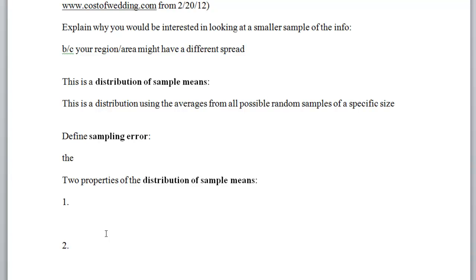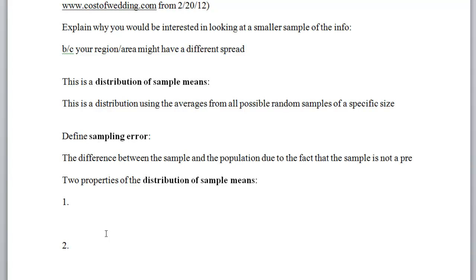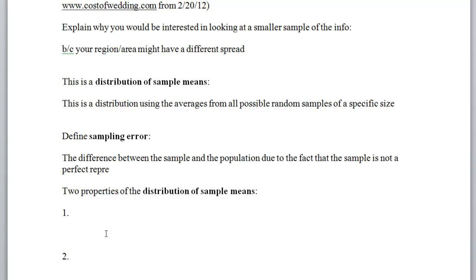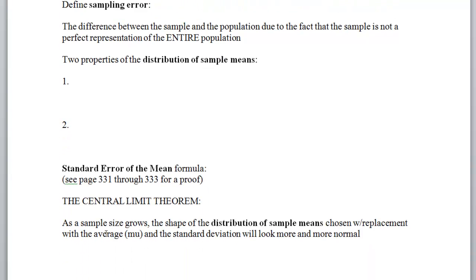So the sampling error is the difference between the sample and the population due to the fact that the sample is not a perfect representation of the entire population, because you're looking at a small group, hopefully 30 or more, but sometimes not even that much. But 30 or more is really what the book and we target.